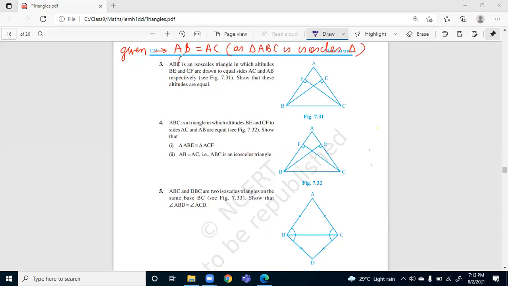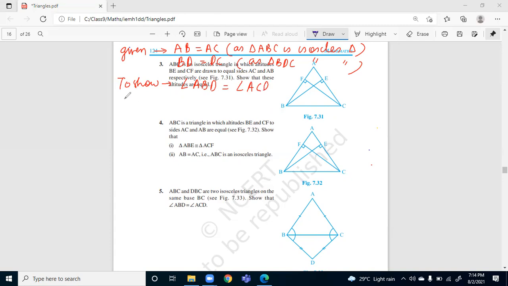Second point, I can write BD is equal to DC. And what is the reason? As triangle BDC is an isosceles triangle. So if a triangle is isosceles, then two sides are equal. So these are the things which are given. Now what to show? We need to show angle ABD is equal to angle ACD.